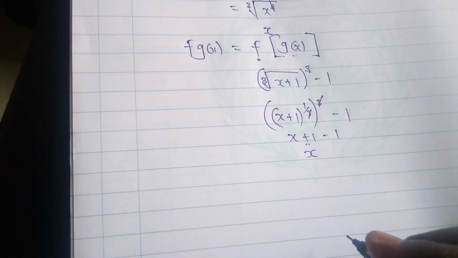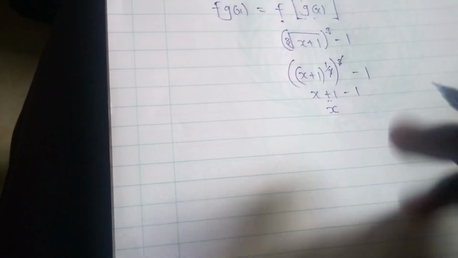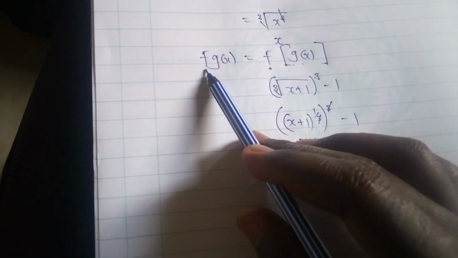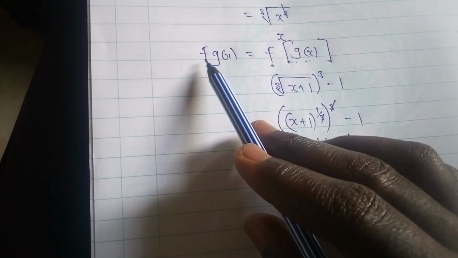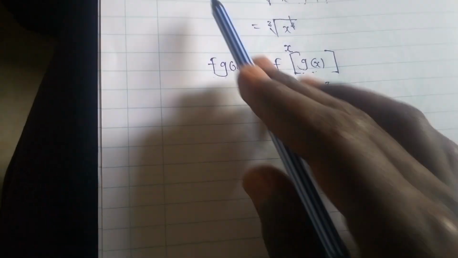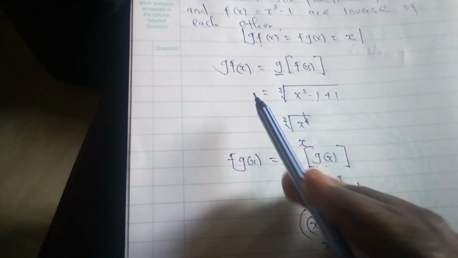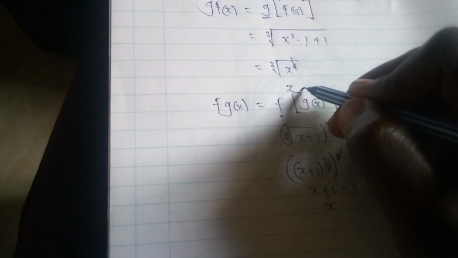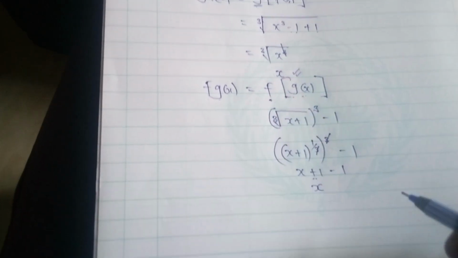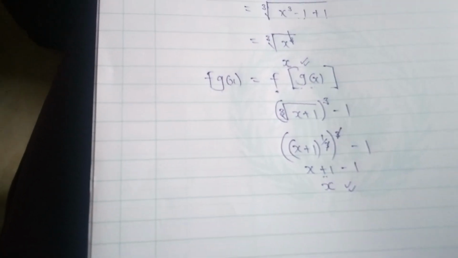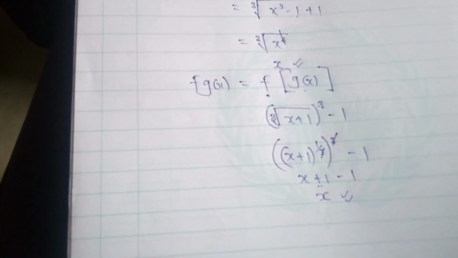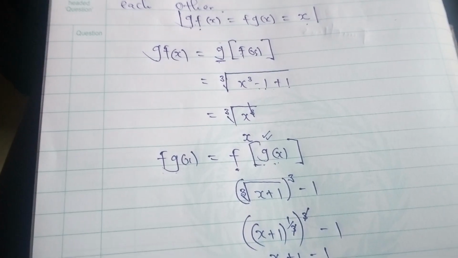So we have seen that both f of g of x and g of f of x are giving x. That simply means the two functions are inverse of each other.